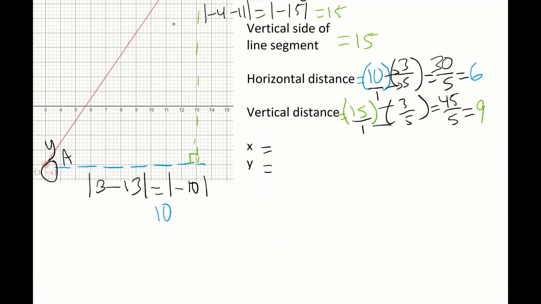So let's go and write it out. This is going to be my initial x value, and then we're going to subtract, instead of adding, the horizontal distance. And then for the y, we're going to be using the y initial, and then we're going to be subtracting the vertical distance.